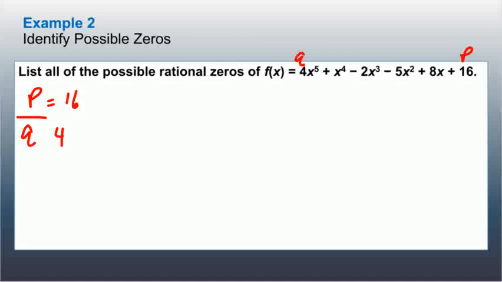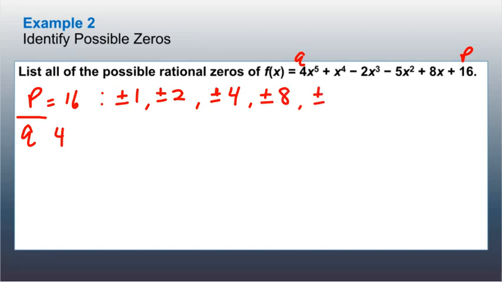So all the factors to get 16: we got plus and minus 1, plus and minus 2, plus and minus 4, plus and minus 8, and plus and minus 16. To get 4, we got plus and minus 1, plus and minus 2, and plus and minus 4.